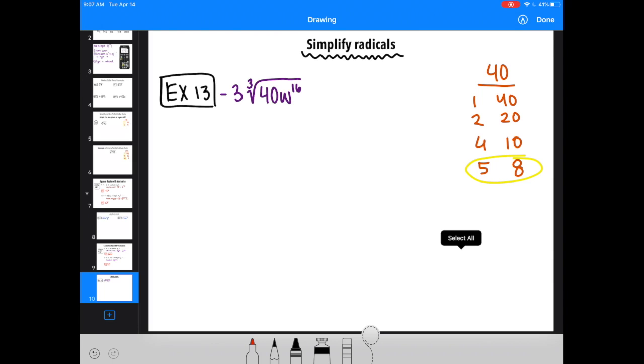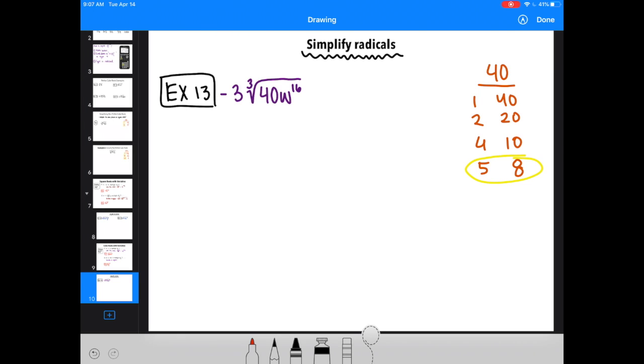I have negative 3 multiplied by the cube root of 40 w to the 16. Okay, cube root of 40 is not a perfect cube, so I have to break it up.